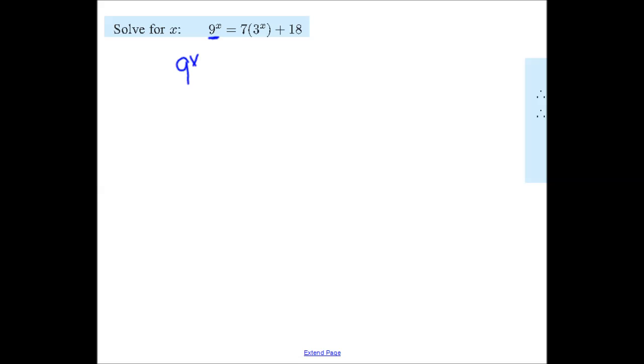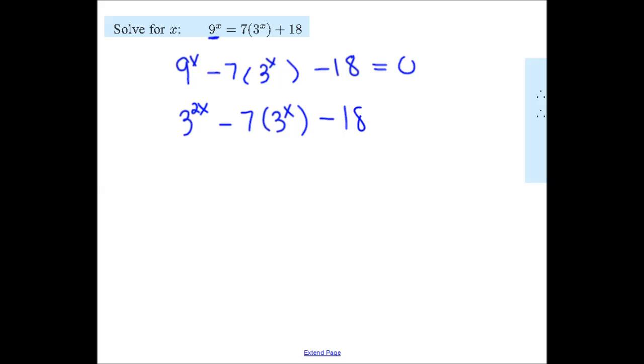So we've got 9 to the x minus 7 times 3 to the x minus 18 equals 0. And 9 to the x we can write as 3 to the x squared, right? 9 is 3 squared, to the power of x. We can also write this as 3 to the x squared.